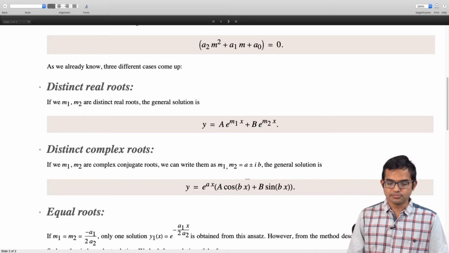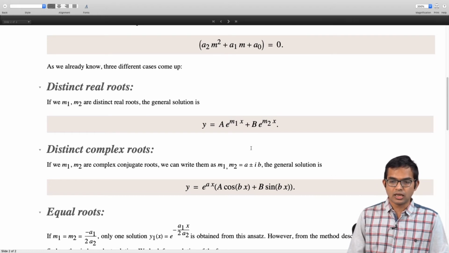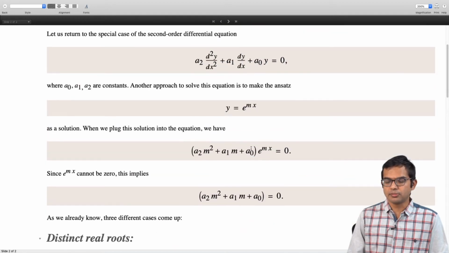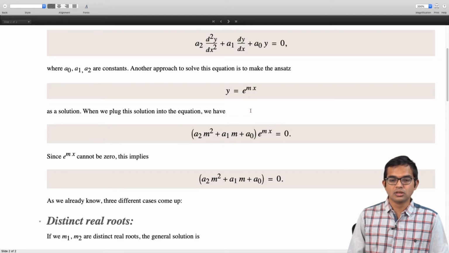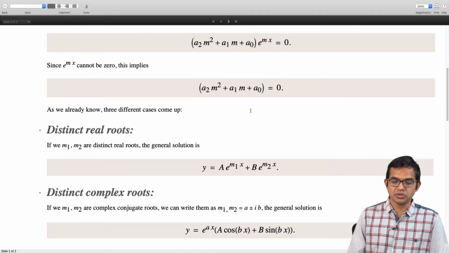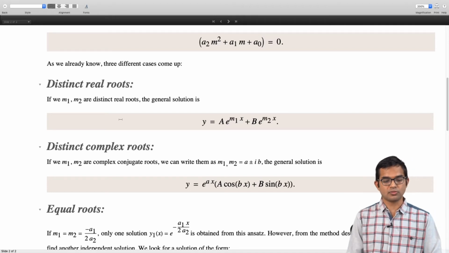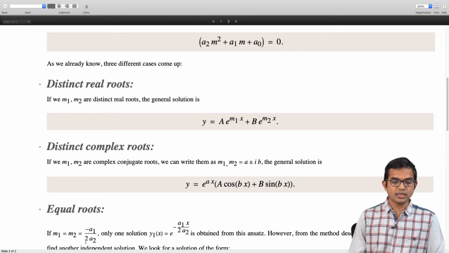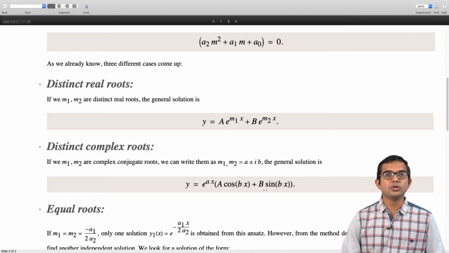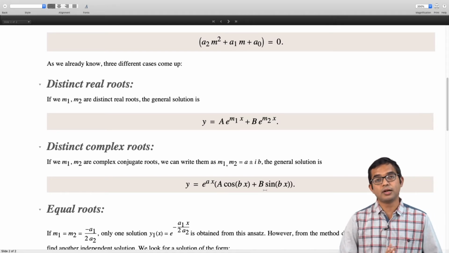Well, we have assumed that a1 and a2 are real, although you can keep it completely general. a naught, a1 and a2 are all constants, so they can be real or imaginary if you wish. So if m1 and m2 are equal, then you have only one solution, given by e to the minus a1 divided by 2a2 times x. So how do you find the other linearly independent solution?